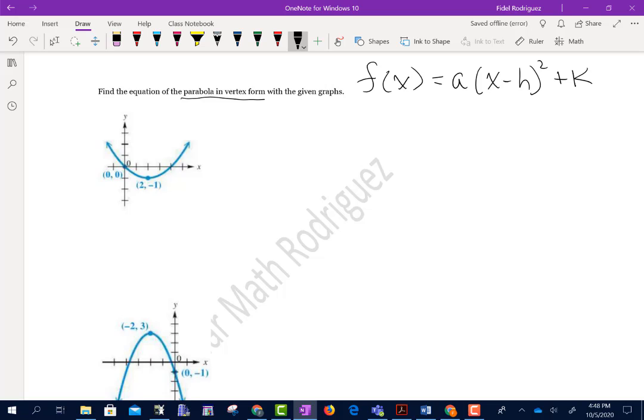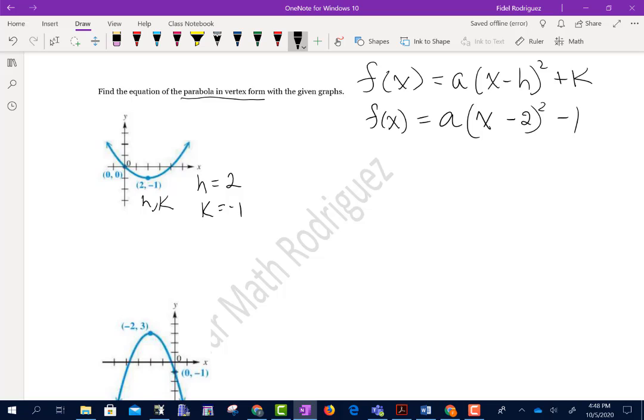That's the equation of my parabola in vertex form, okay? So when I look at this here, here's my h and here's my k. So my h is the number 2, my number k is the number -1. So I'm going to write f of x equals, I still don't know what a is, that's okay, a times x minus h, we said was 2, squared, plus k, which was the number -1, okay?